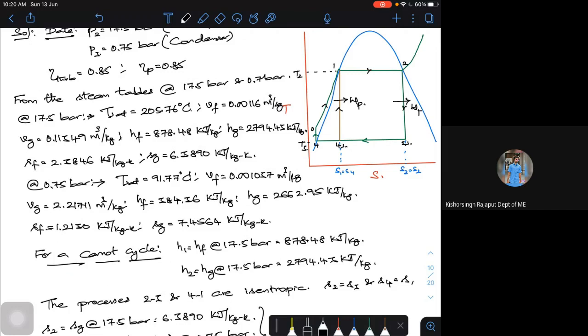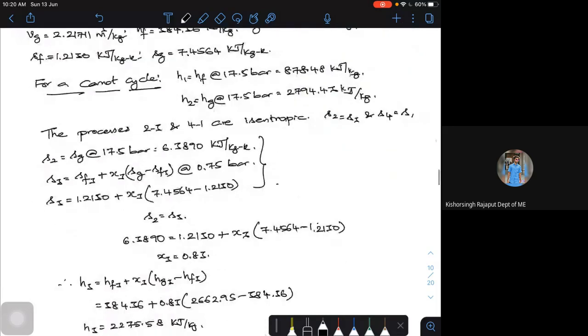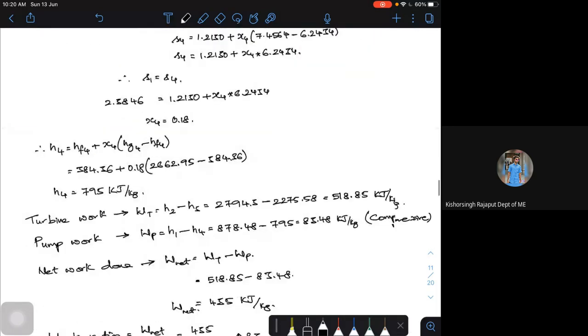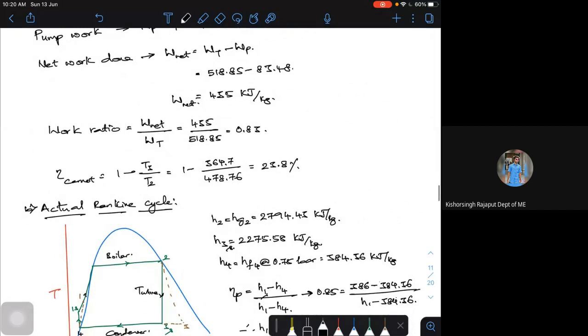But in the actual case, the work is much less, roughly around 2 kilojoules per kg. So that's one of the reasons why we go for the Rankine cycle, because what we are handling there is water. It's a liquid. So in the liquid we are handling, the pump work should be based on the liquid enthalpies.